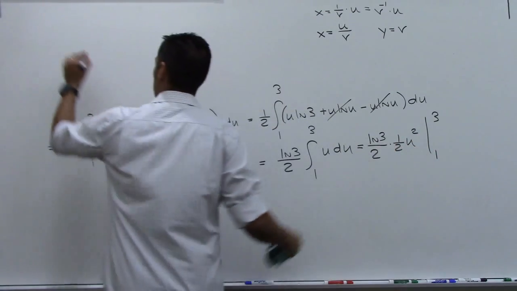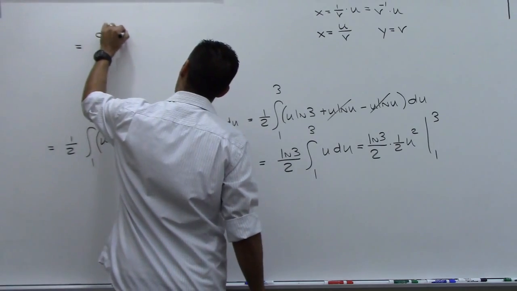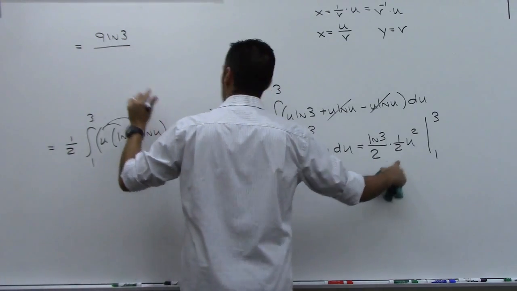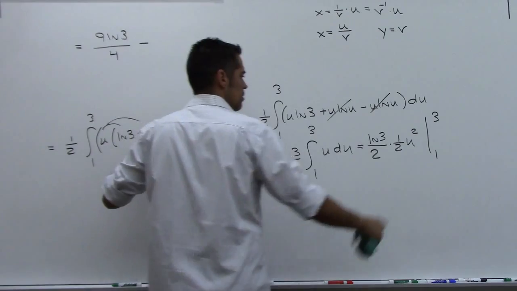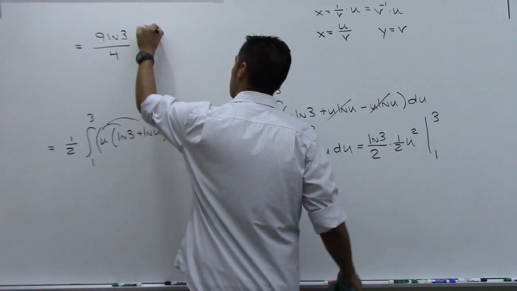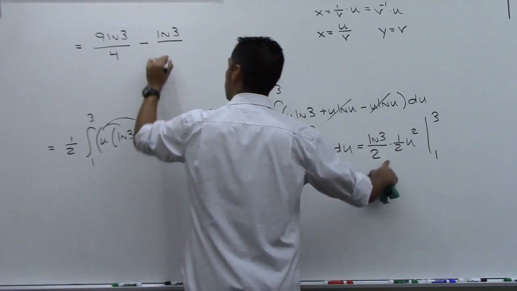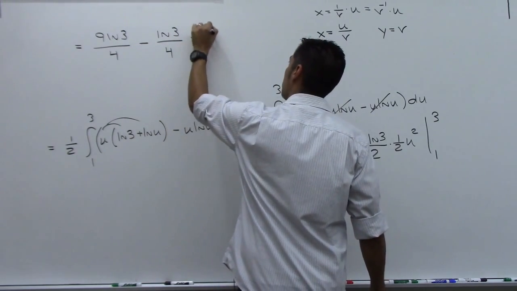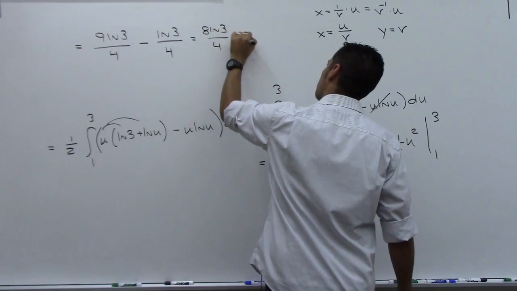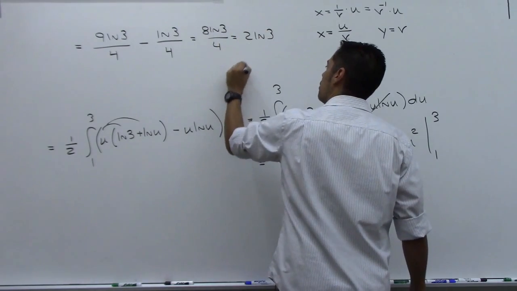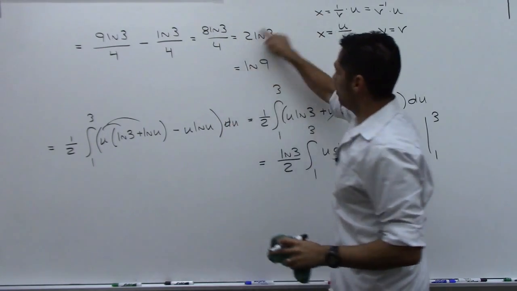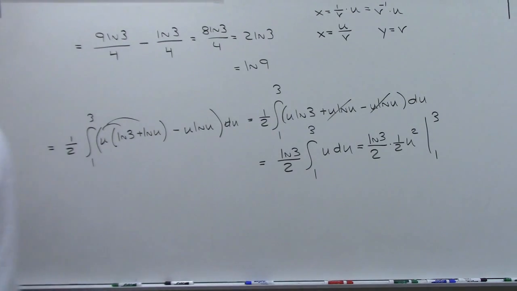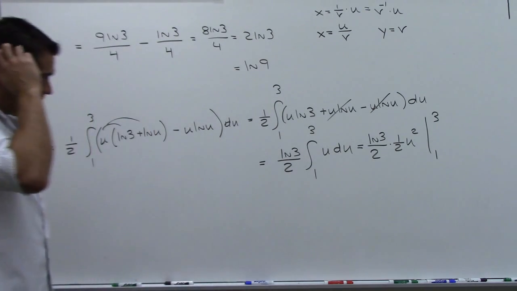So we'll get something like 9 natural log 3 on top, and then 2 and this 1/2 over 4 minus, when I plug in 1, I get 1/2. I get natural log 3 over 4, which is 8 natural log 3s over 4, which is just 2 natural log 3, which you could rewrite as natural log 9 because the 2 could go up as a power. So natural log of 9, or the book left it as 2 natural log 3. Okay, that's it for 19.